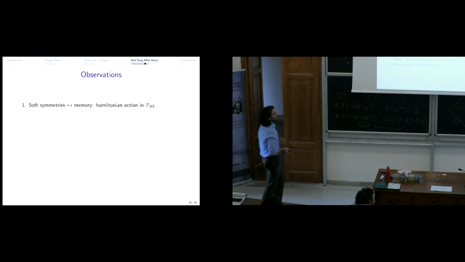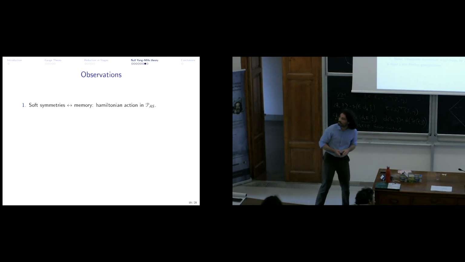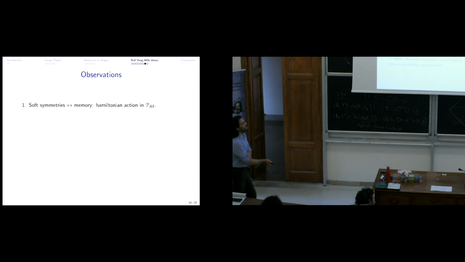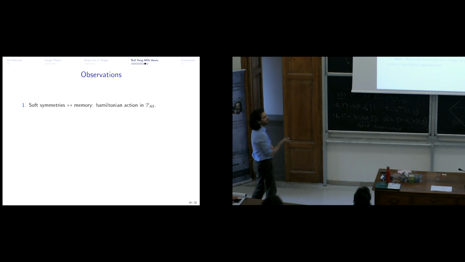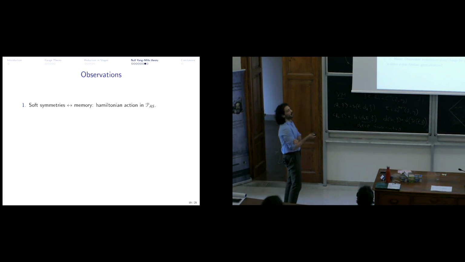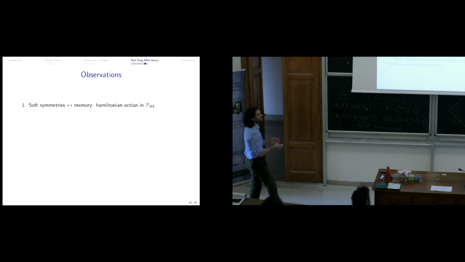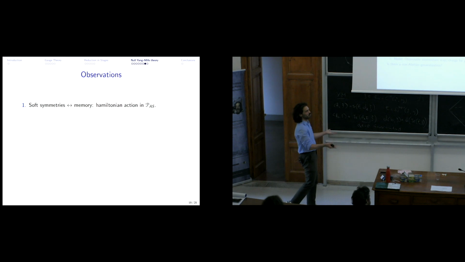So what this does, how much time do I have? Okay. What this does is it tells us that, first of all, the easy relation between soft symmetries and memory is encoded in the fact that we have a Hamiltonian action on this Ashtekar-Streubel phase space, which is obtained as a partial symplectic reduction.